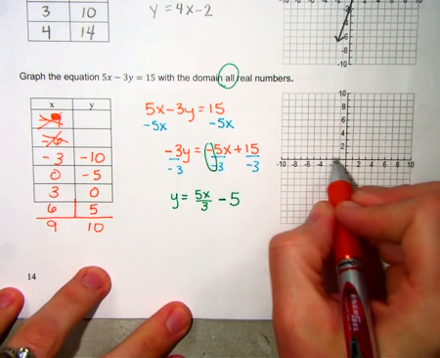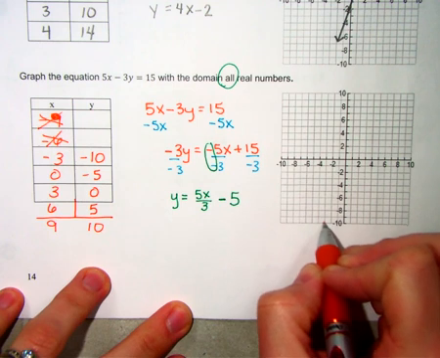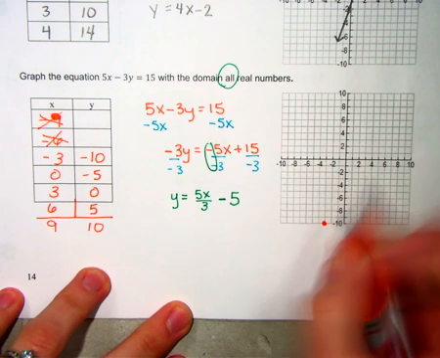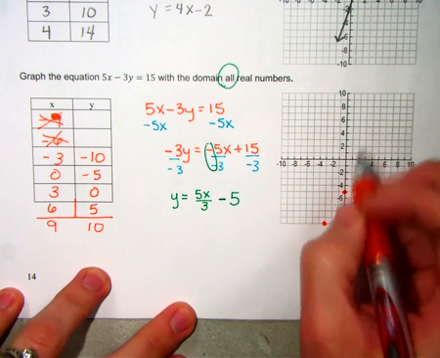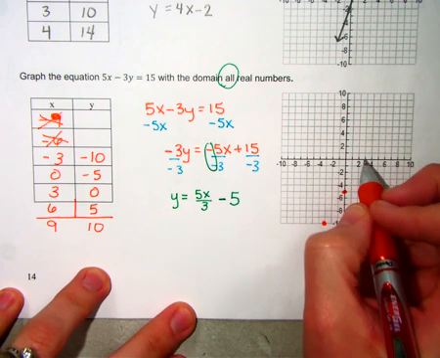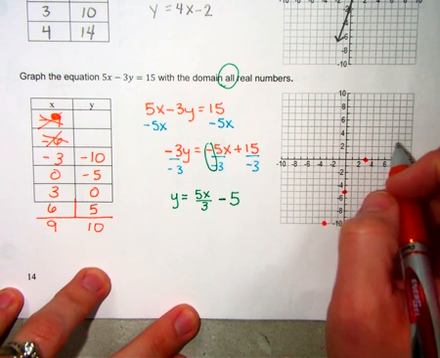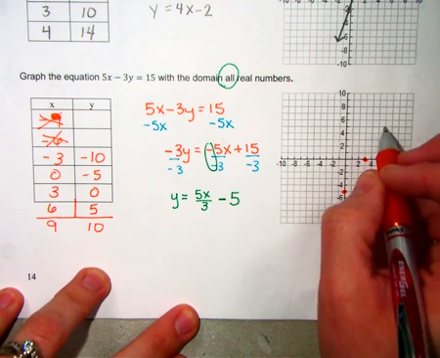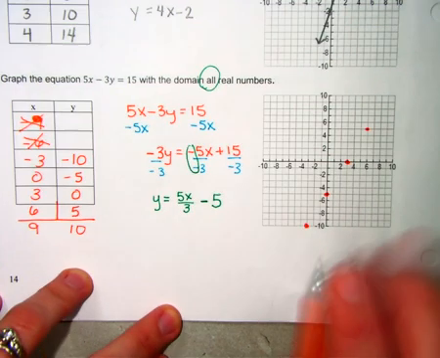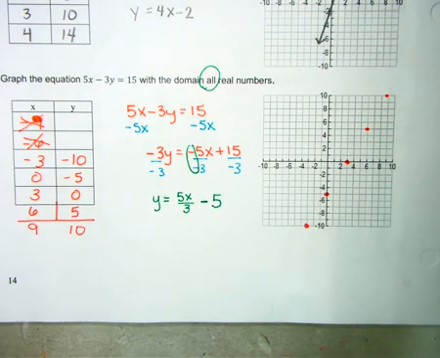So negative 3, negative 10; 0, negative 5; 3, 0; 6, 5; and then 9, 10. Okay.